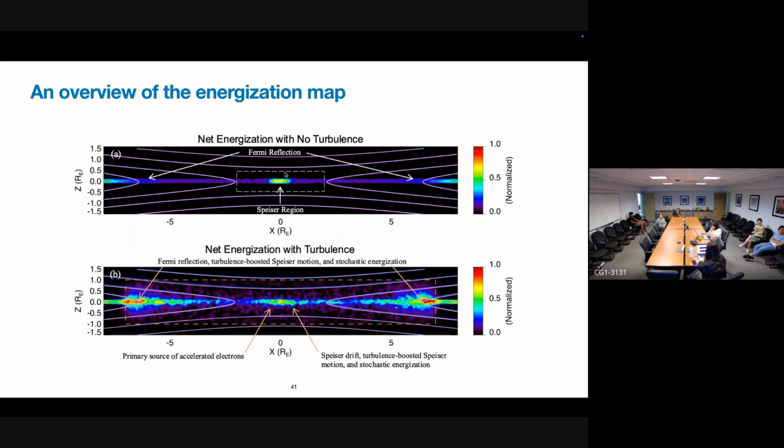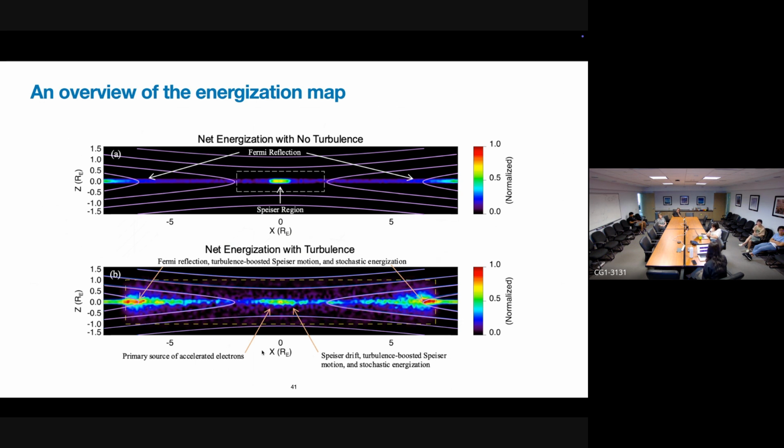The top one is without turbulence and the bottom one is with turbulence. The center region in this dashed circle, we identify as the Speiser region, which means when particles enter this region, they are demagnetized enough to go onto the Speiser orbit. And these other two locations are the parts where the particles often undergo Fermi acceleration.